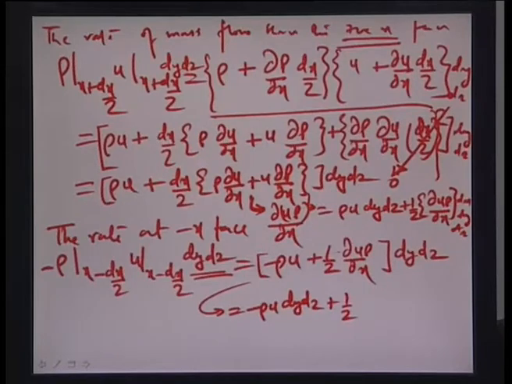So, there has to be a dx term here, I am sorry. So, half del u rho by del x times dx dy dz. Okay. So, that is how the rate at the negative x face is.